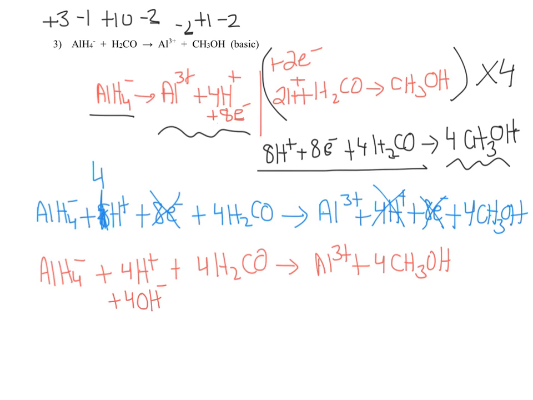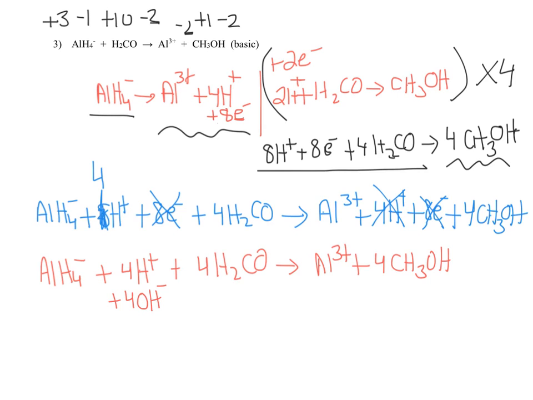Problem is, we just spent like 5 minutes, or maybe more even, balancing this reaction so far. And if I just add OH minuses here to the side, then I've changed the charge and I've changed the mass. I've just added a whole bunch when it was theoretically already balanced. And so that's a problem. And so that's why, if you read step 8 again, it says, add OH minus to both sides of the equation for every H plus.